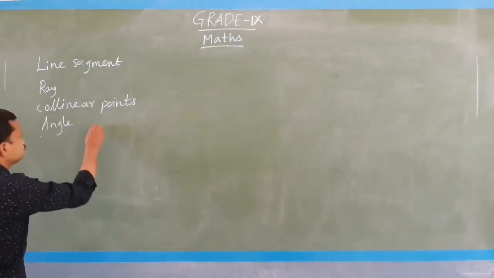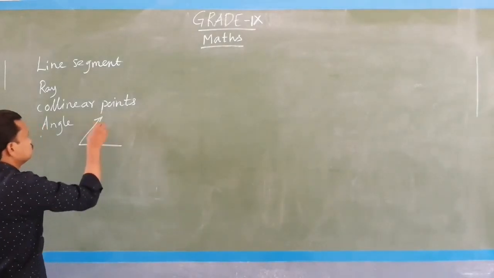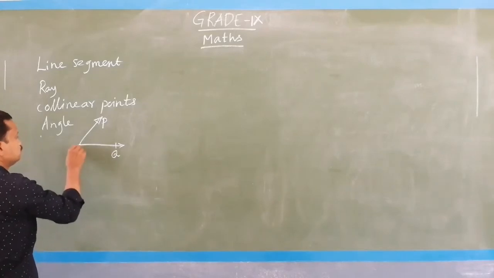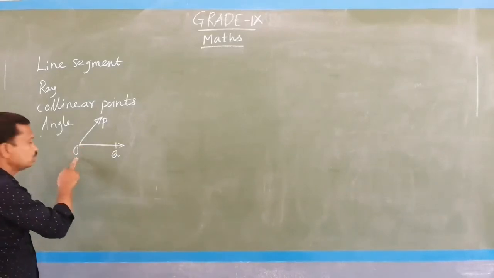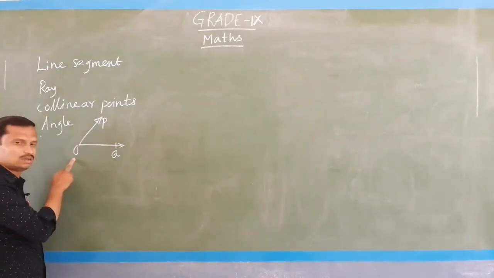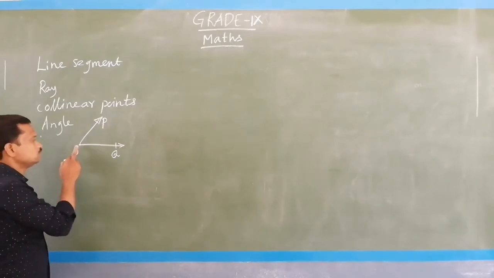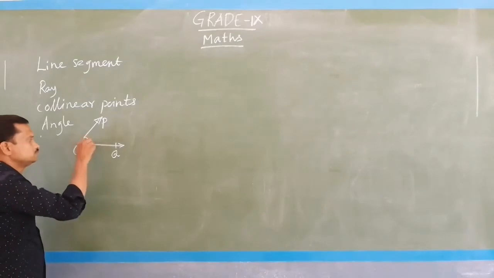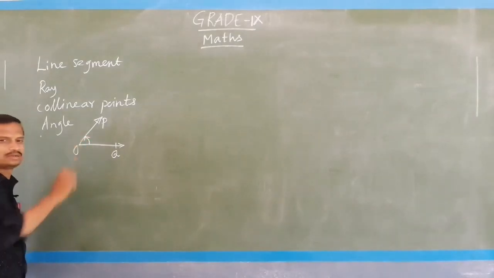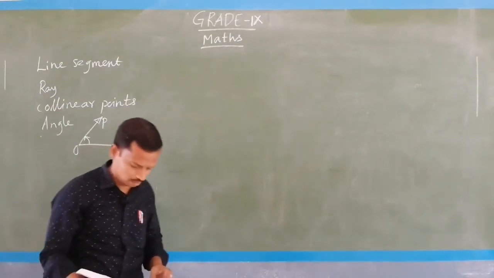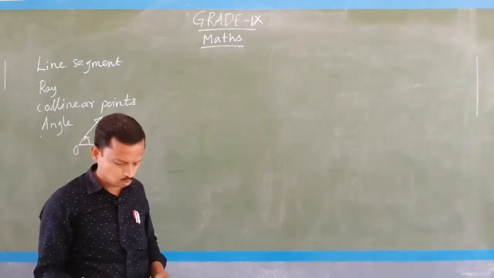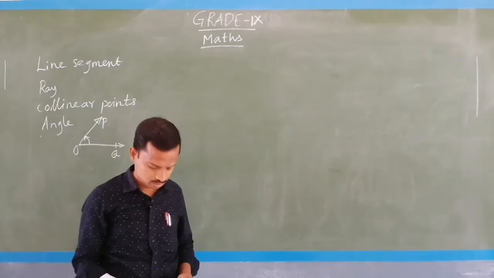That means, this is one ray, this is another ray, and this is O. So O is the common point. From here, this is one ray, this is another ray. So two rays originate from one common point, and they form an angle. So that you have to take.